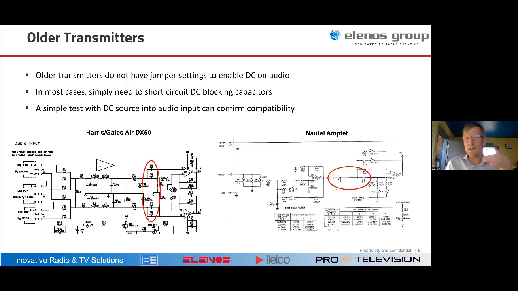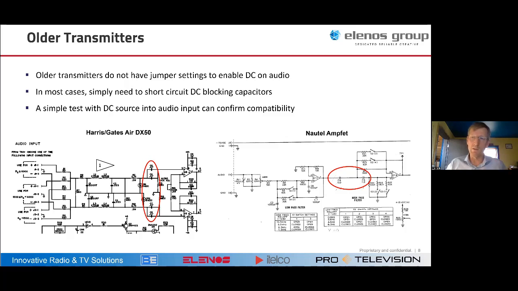So all we need is hardware that allows the DC carrier to hold it down, right? If it's AC coupled, anytime the audio is negative, you have to have an equal positive time. Otherwise, you have a DC bias, right? So essentially, as long as you can pass DC through that audio chain, it'll work.